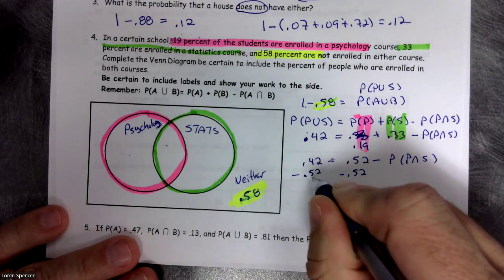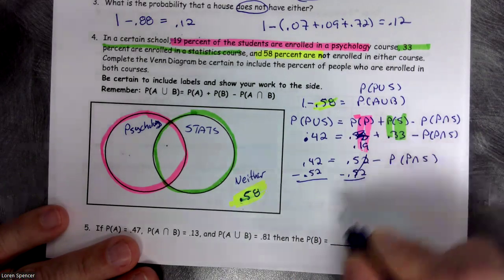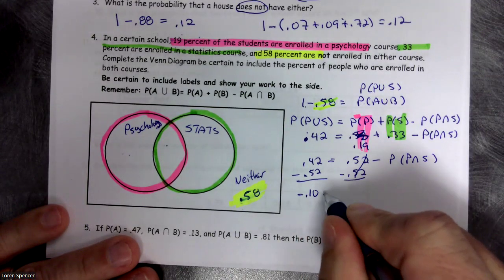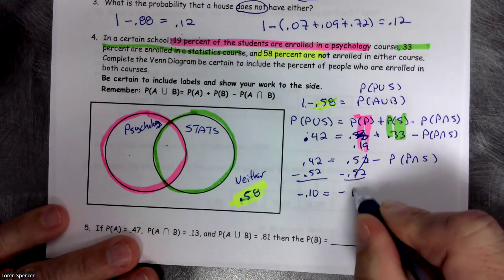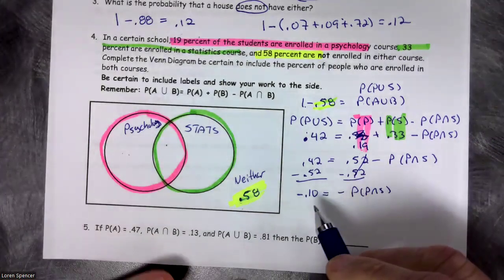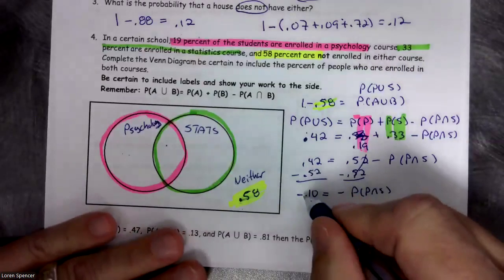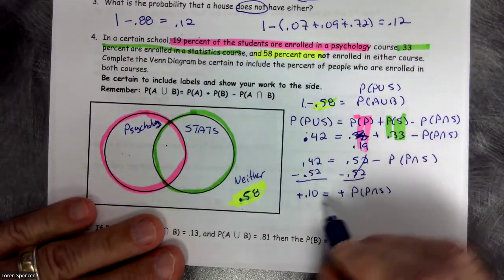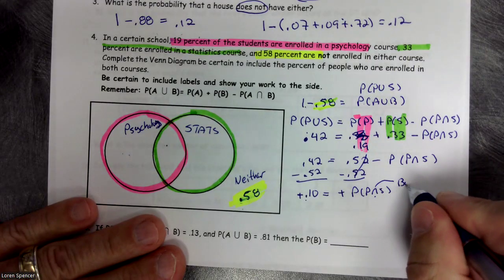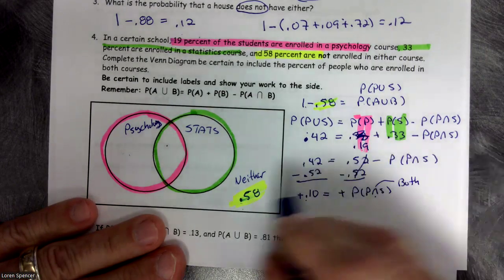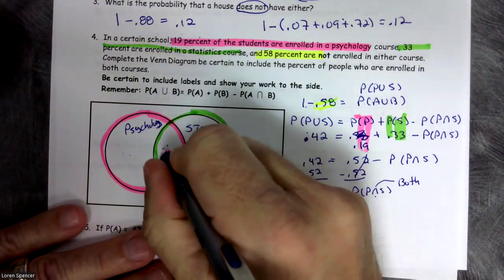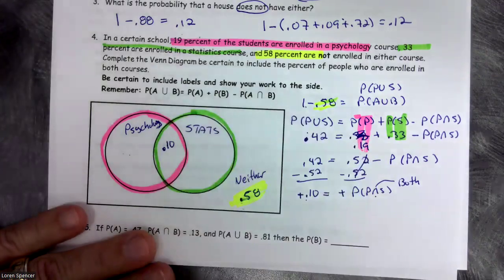Remember, this is my symbol for both. So both is right here. So we know that this is 0.10. That means the probability of psychology only is 0.19 minus 0.10 equals 0.09, because psychology is this entire circle.